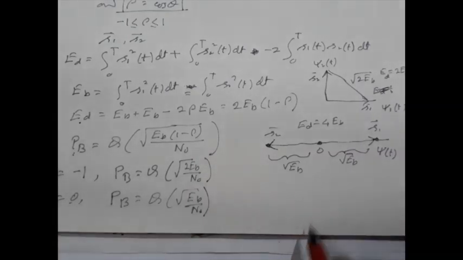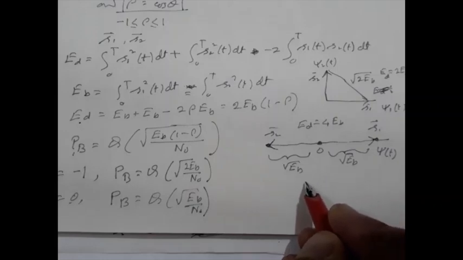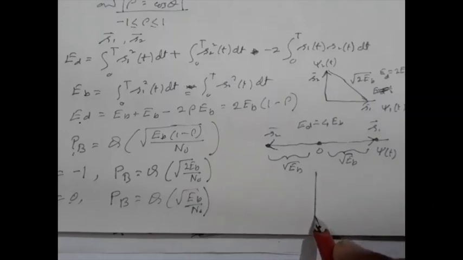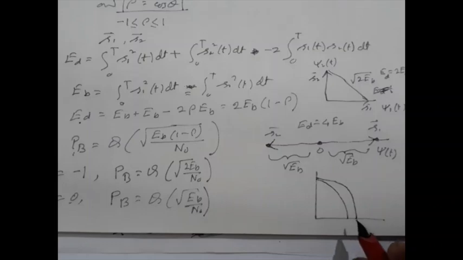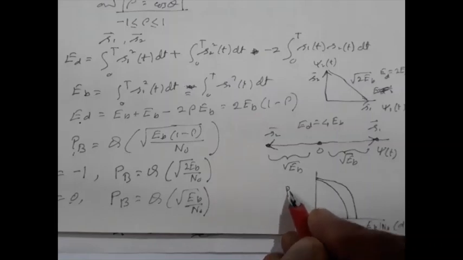So if we plot these two, it will be something like this. This axis is EB by N0 in dB, and this is PB.